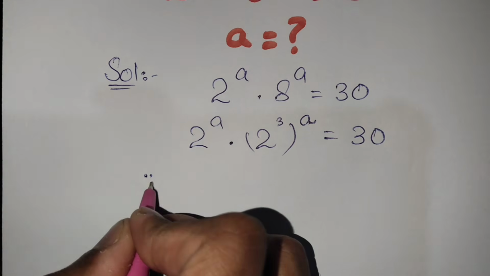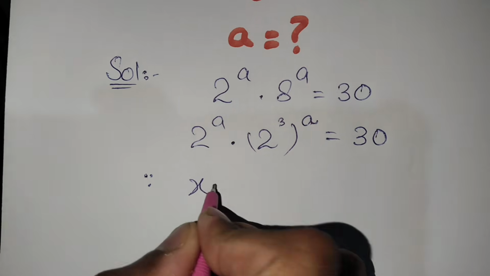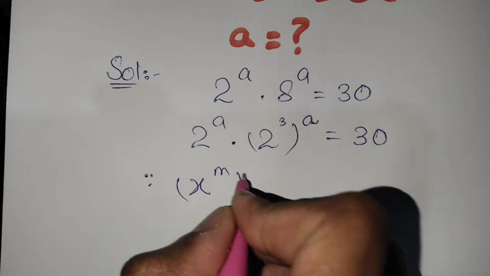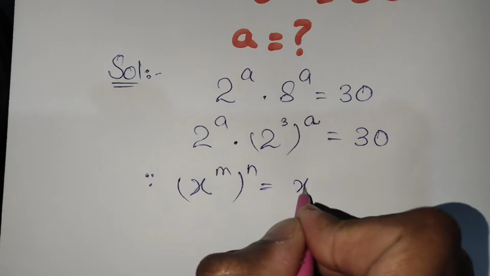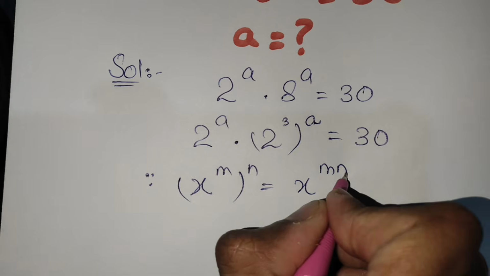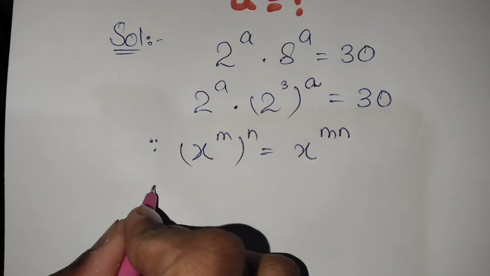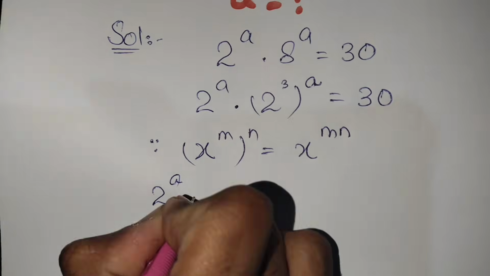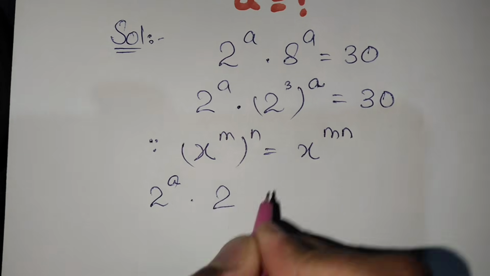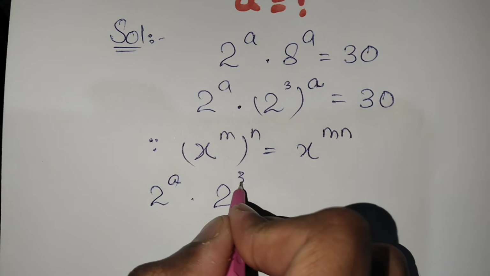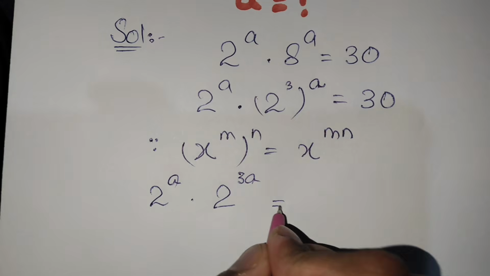We know the formula: x power m whole power n can be written as x power m times n. So this will be 2 power a times 2 power 3a, which is 3a, equal to 30.